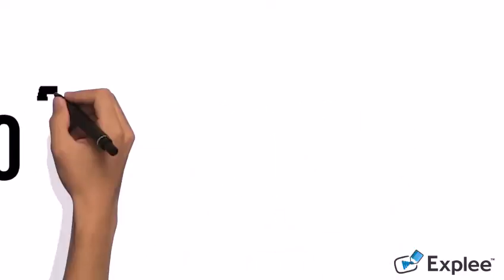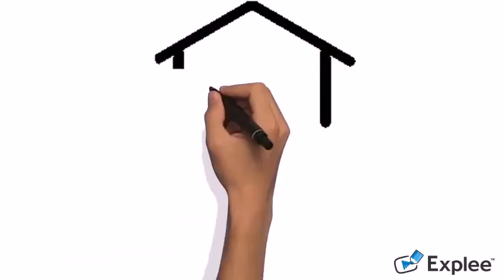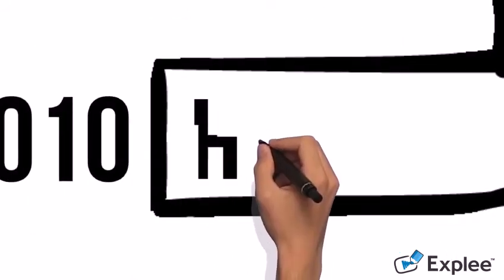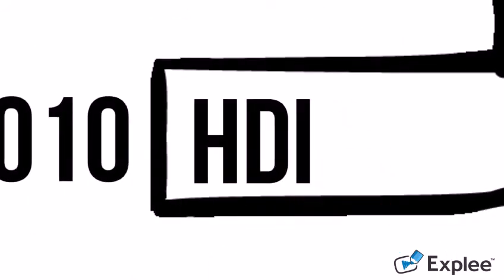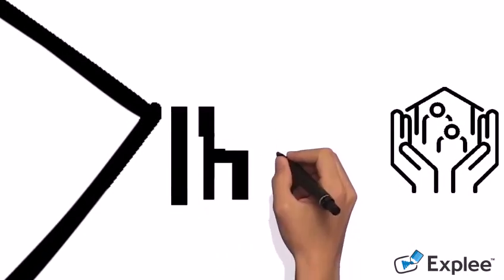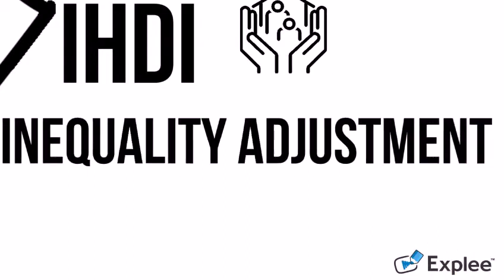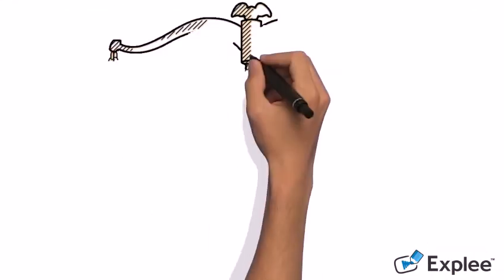And then in 2010, in addition to the HDI, the report introduced an inequality-adjusted Human Development Index. While the prior index, the HDI, is still useful, the IHDI is the actual level of human development accounting for inequality.